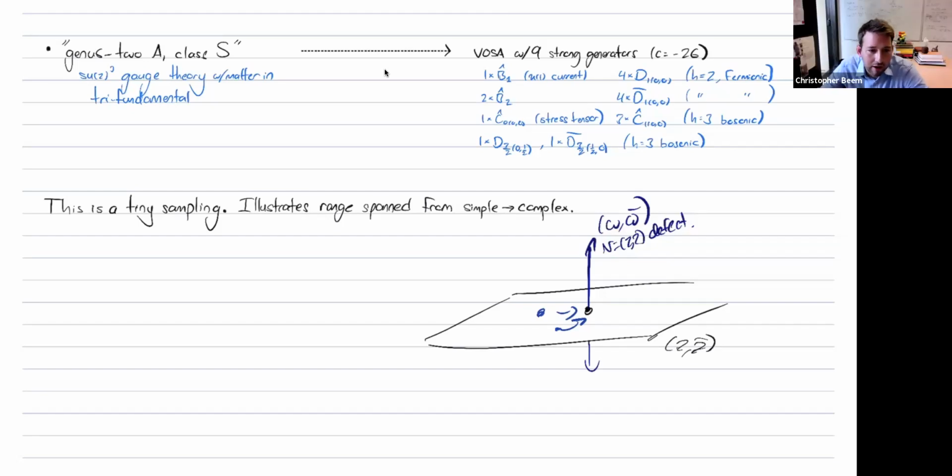I don't know of a way to argue that you're guaranteed to get all of them. I could imagine there being a story that allows you to say that if you get one, then you get everything that appears in its fusion products, although I don't know how to actually rigorously say that.